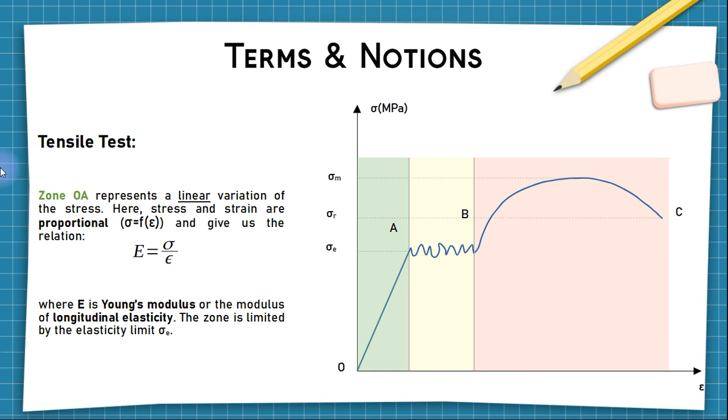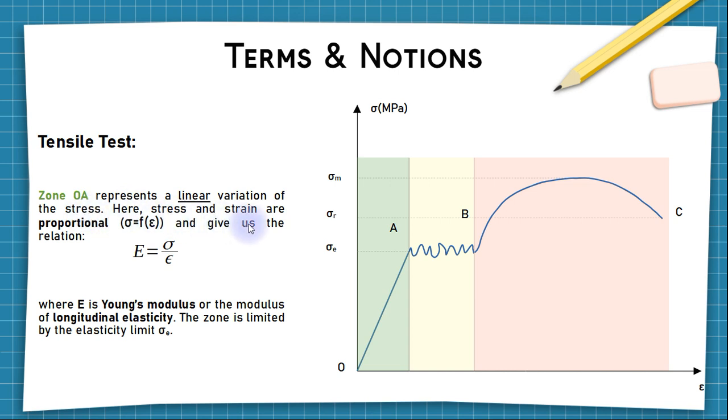So now we're going to talk in a very detailed way about these three zones here. So why are they here and what are they for? We're starting with the green zone, which is OA, and it represents a linear variation of the stress.